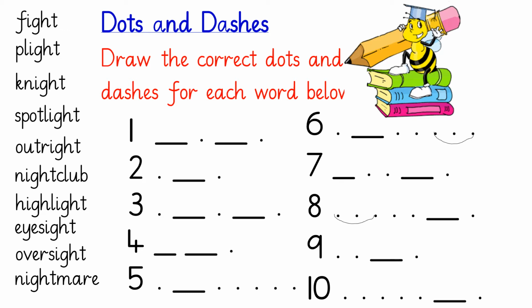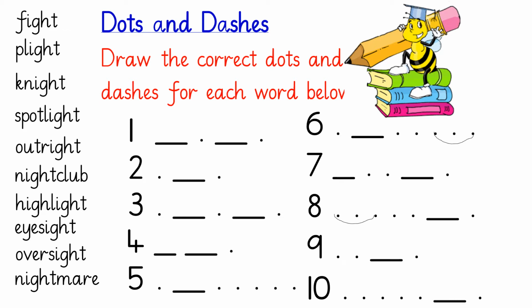So if you look at eyesight, oversight, and nightmare, they've got E's in them. And all of them have got a vowel, and then a consonant, and then an E. So E, Y, E, vowel, consonant, E, OVE, vowel, consonant, E, and ARE, vowel, consonant, E.